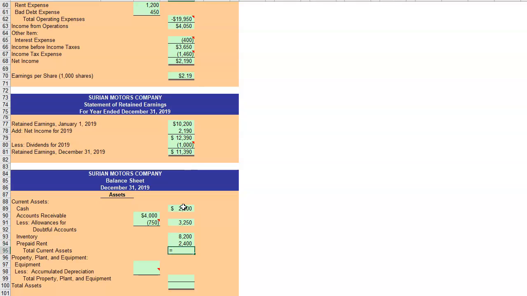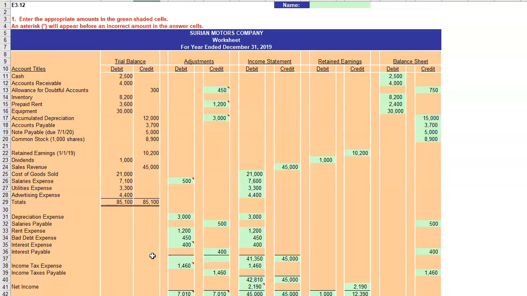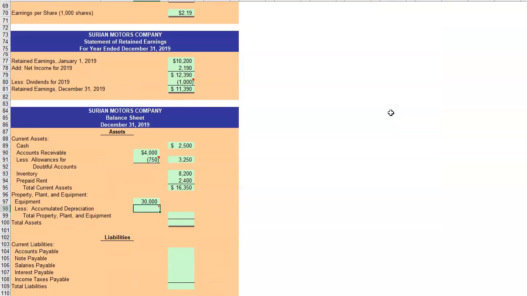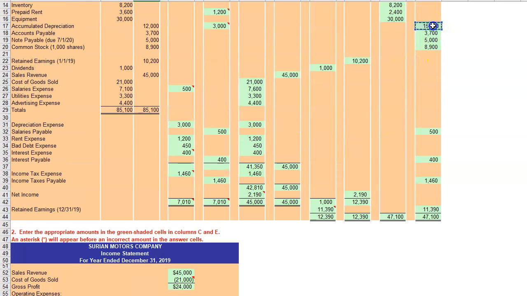And you could, if you wanted to, put little formulas in here. What I mean by that, I could say equipment is equal to the number for equipment up here. I could do it that way. To me, that takes a little longer. And then accumulated depreciation is going to be 15.